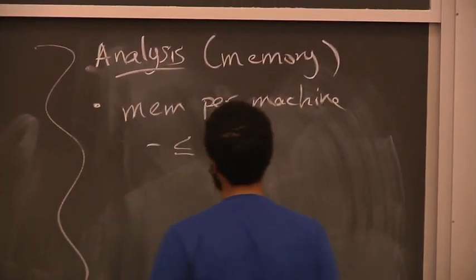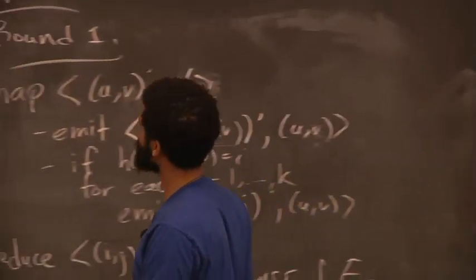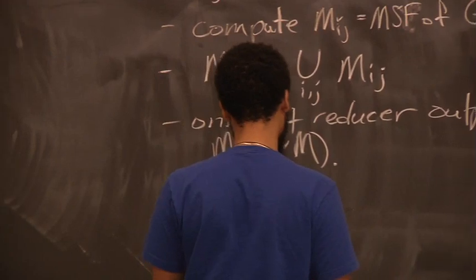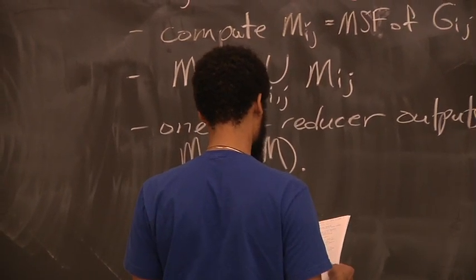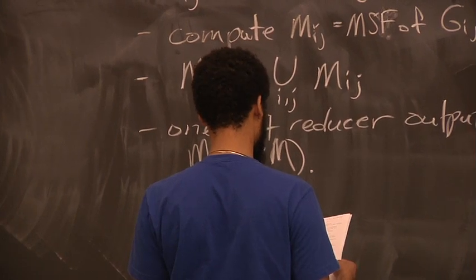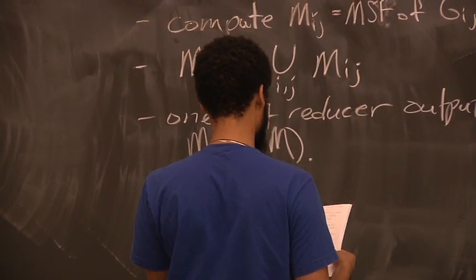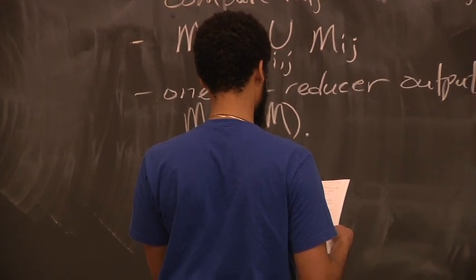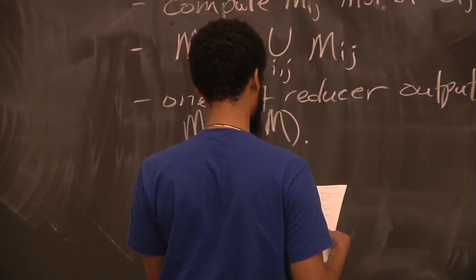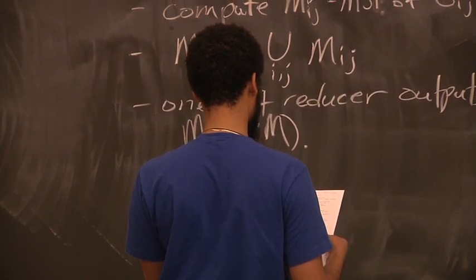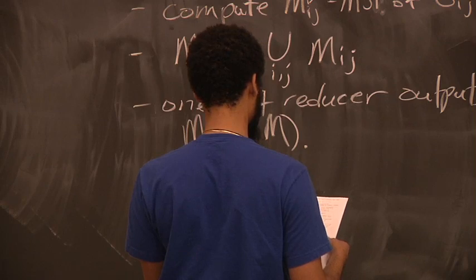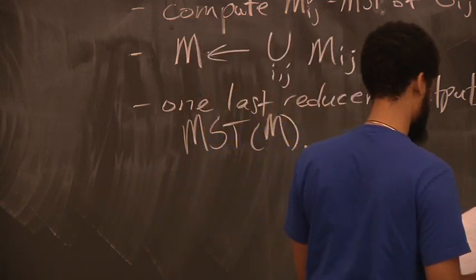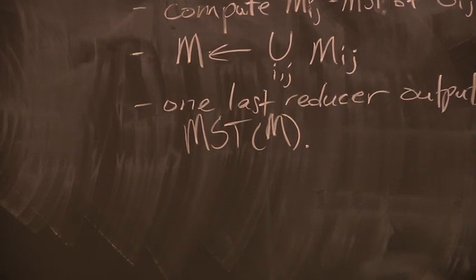So the memory per machine is at most, actually, now that I look at this, k squared times n, which seems a little big.